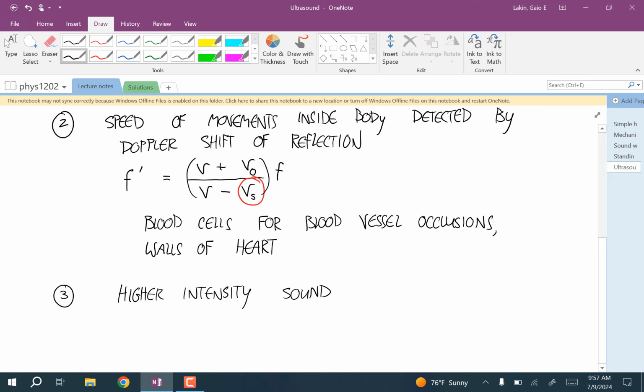So in this case, we're not worrying about detecting those waves. We're just sending energy through the sound waves into the body, and that energy is being used for some kind of therapy.